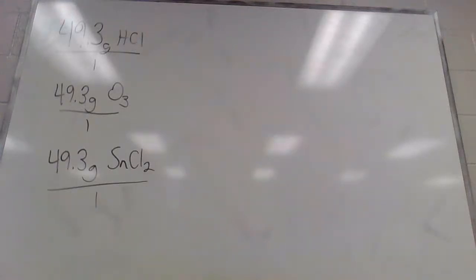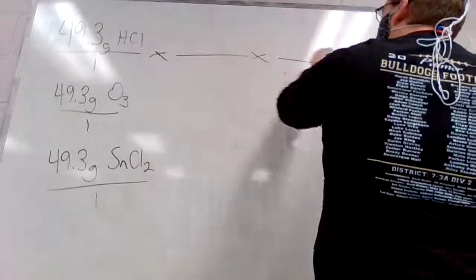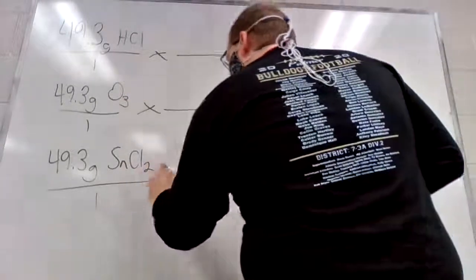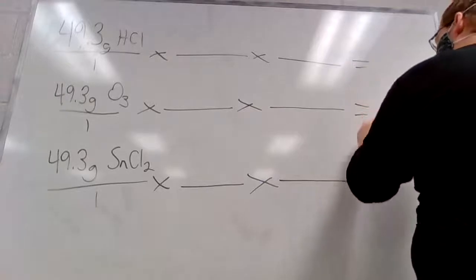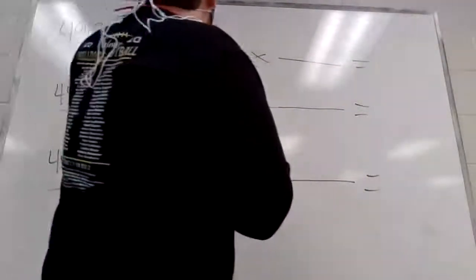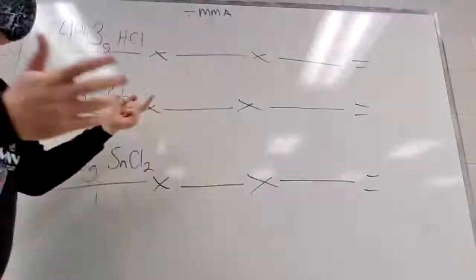So if I'm going from grams to moles, this is going to be a 2-step problem. For all 3 of these, it's going to be a 2-step problem. I go ahead and set this up. In all 3 of them, the first thing I need to do is divide by the molar mass for chemical A. So I look at my flow chart.